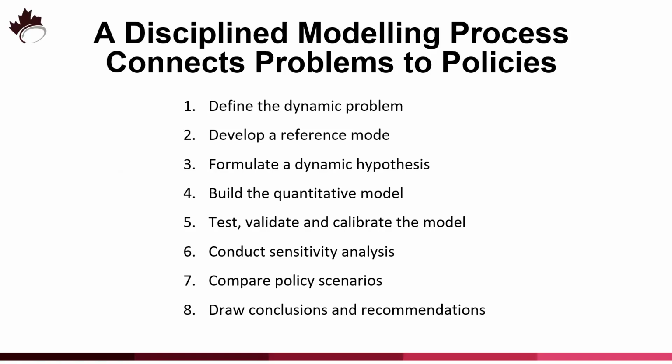We test and validate. We conduct sensitivity analysis, and then we produce the scenarios, which is the results. And then we have a discussion and conclusion. So we have an introduction, literature review, method, results, discussion, conclusion. All those aspects go into a journal article.